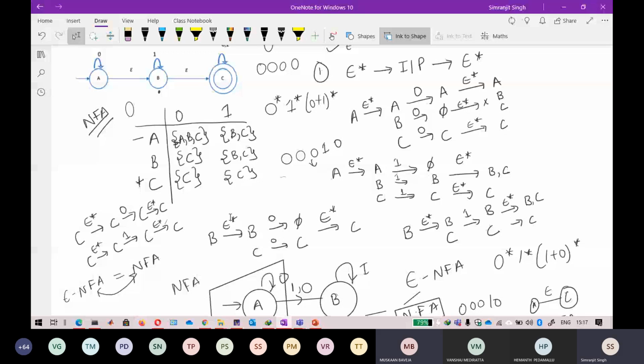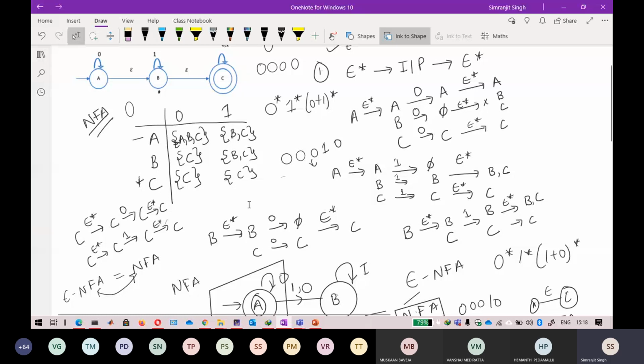Okay, so your argument is that you can make this A a final state. So if I just do this, it is not affecting anything, but this is not the algorithm that we have to follow.